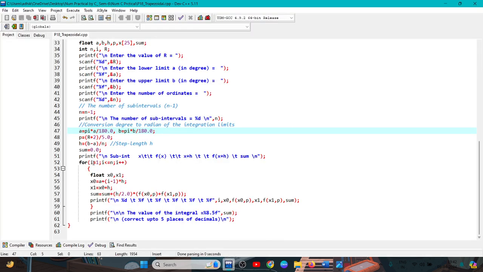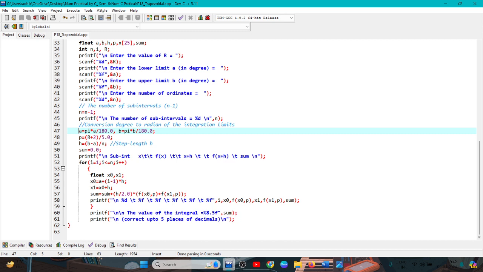Next, when i equals 3, this x3 is a plus 3 minus 1 into h, that is, a plus 2h. So this is actually x2, and this equals x3. So the next subinterval is x2 and x3. This sum is the previous sum. Previous sum means within the intervals x0 to x1 and x1 to x2.